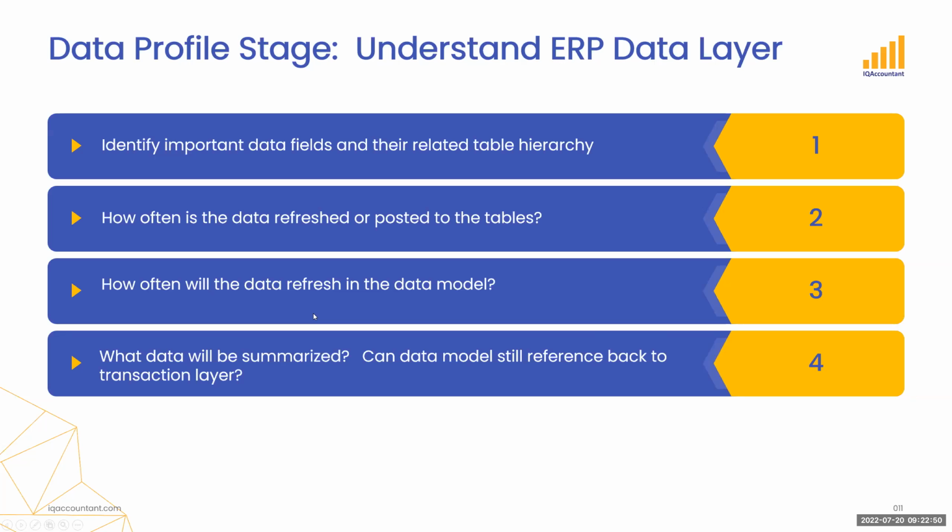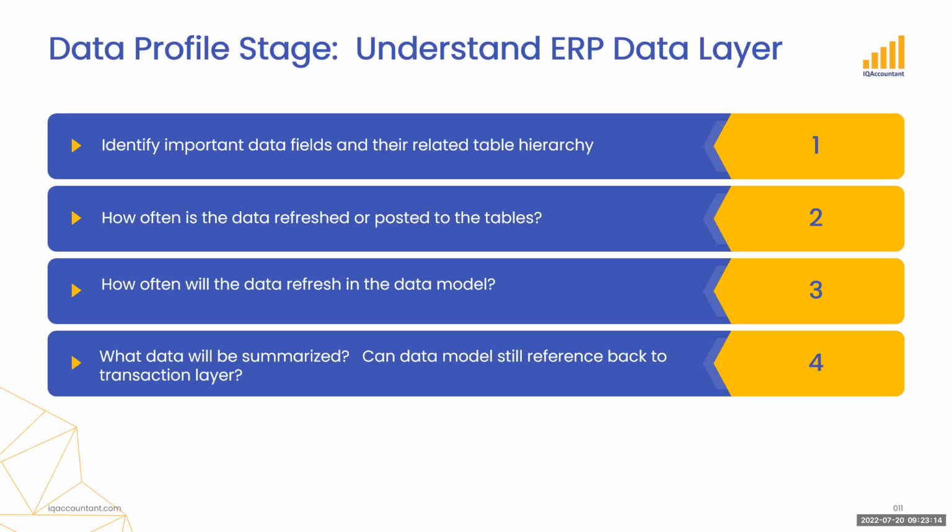And the other important thing to consider is what data will be summarized, right? We want to simplify this data model. In our cash flow process, we wanted to simplify as much as possible, so we summarized quite a bit of information. But there was also information that we needed to keep, so we could connect back to the transaction layer.